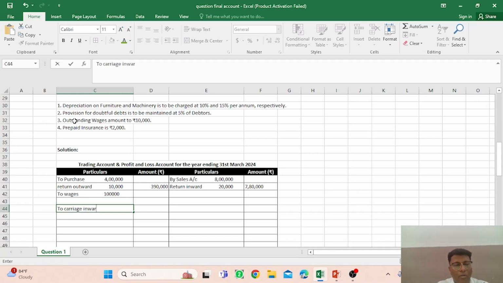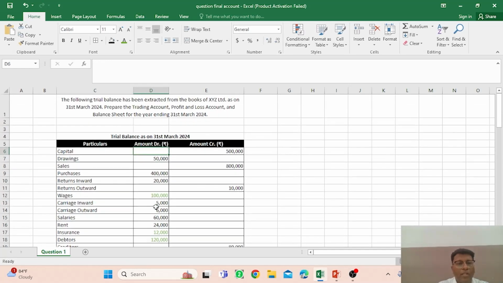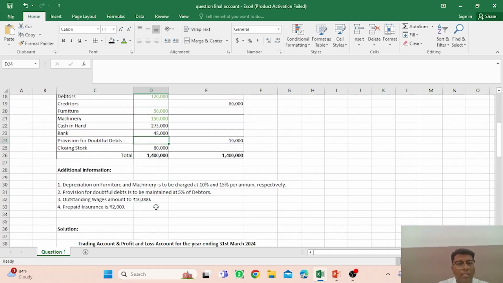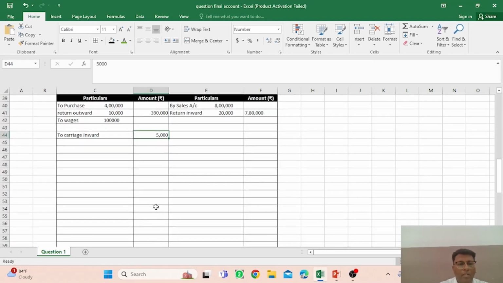Carriage inward, is this 6,000 or 5,000? 5,000, I think. You can check it. Yes, it is 5,000 carriage inward, and carriage outward, you have to write here, because it is an indirect cost, carriage outward, and it is for rupees 6,000.